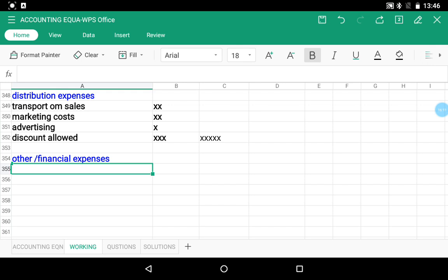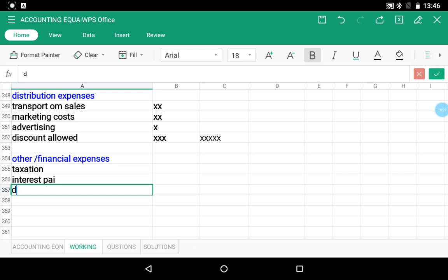One, we have taxation. When you pay taxation, we have interest paid. When you pay interest, code it here. We have dividends paid.